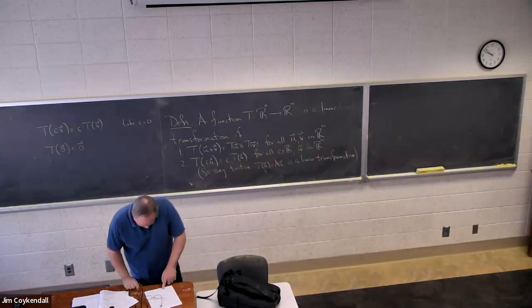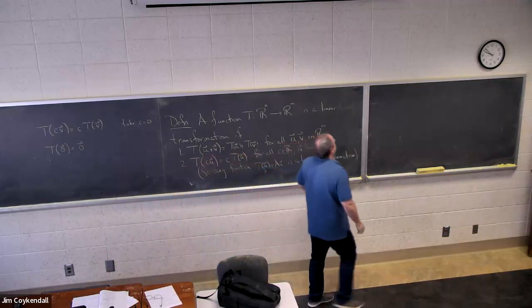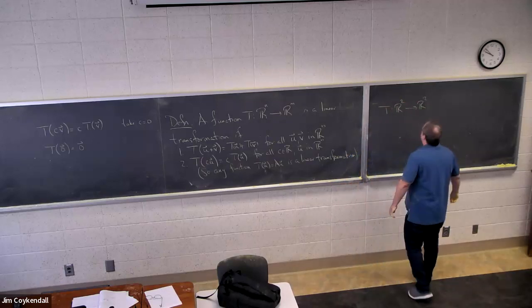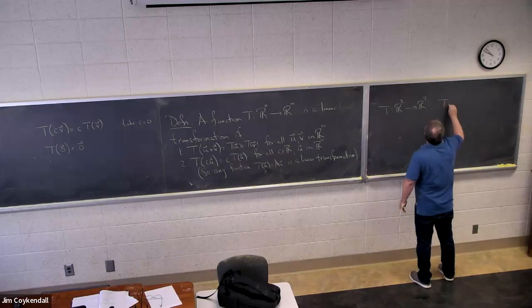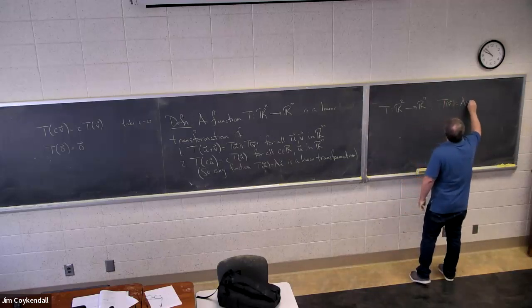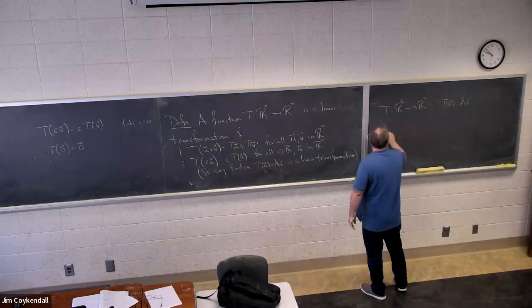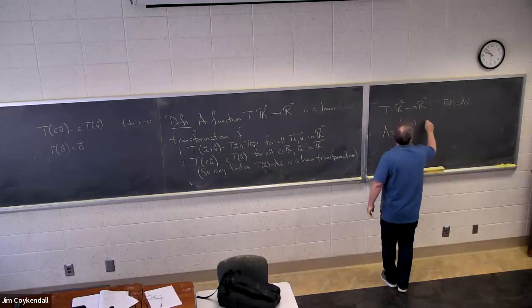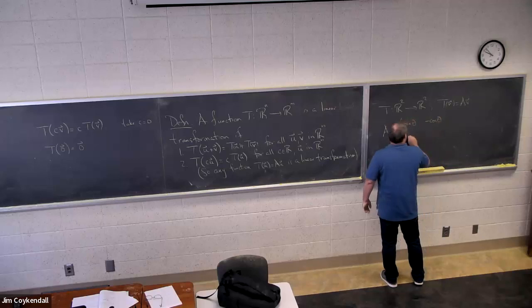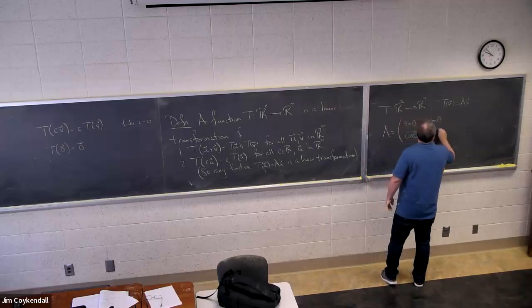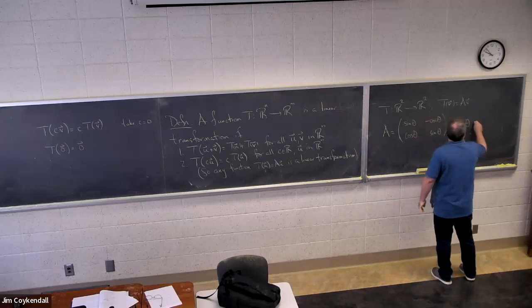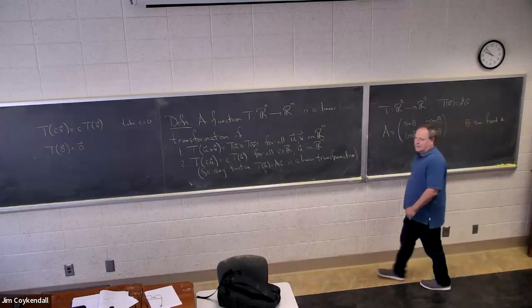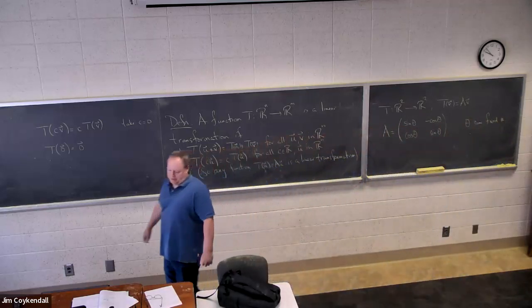Define T of v equals A v, where A is this matrix. Let theta be some fixed number.